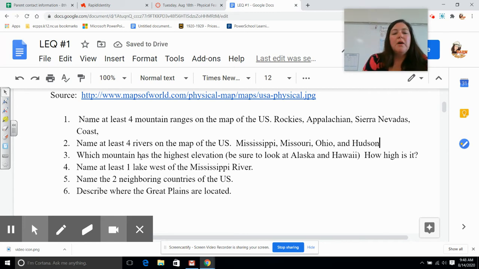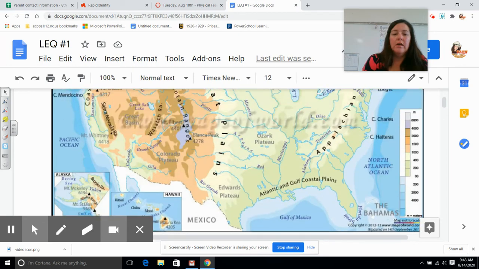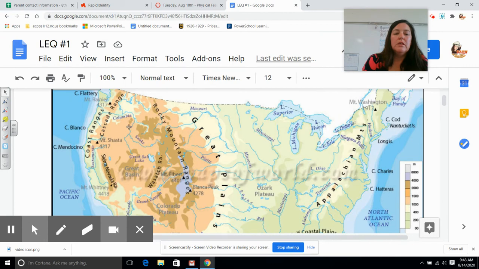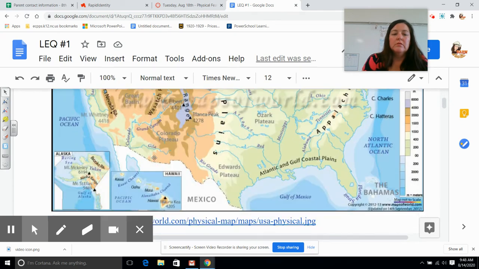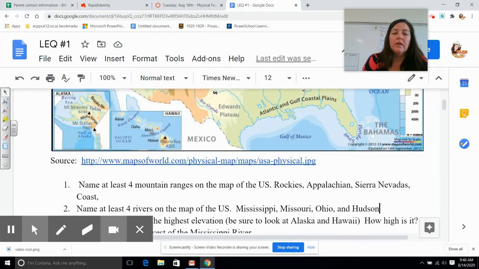It says, which mountain has the highest elevation? Be sure to look at Alaska and Hawaii. If we're looking at these ranges, it gives you numbers beside them, but it also says to look at Alaska and Hawaii. In Alaska, Mount McKinley is actually the highest one, and it's 6,194 feet.